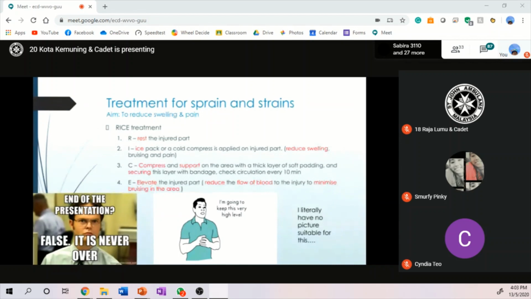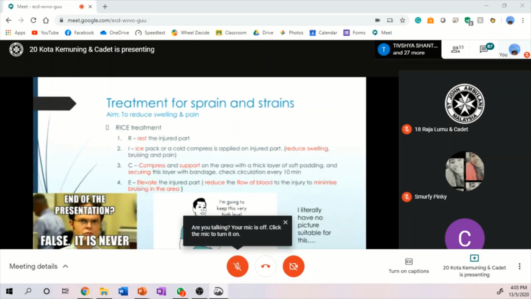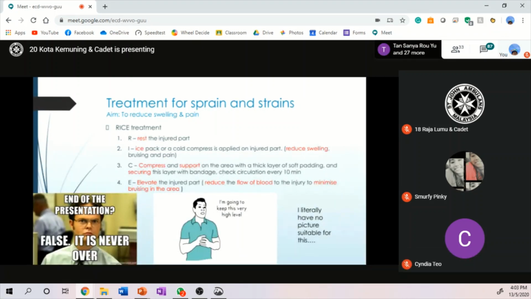When the injured part is raised, the blood will flow back, and your leg will have less blood, so it can minimize the bruising, because bruising is where the blood is all gathered. So you need to reduce the blood at the bruising area.